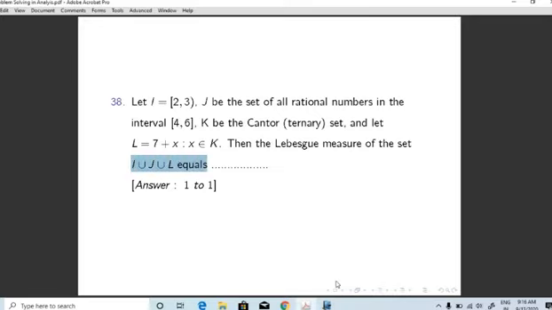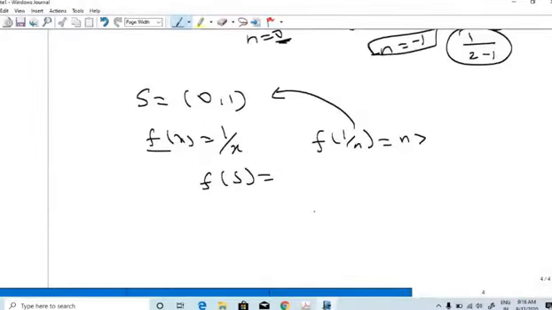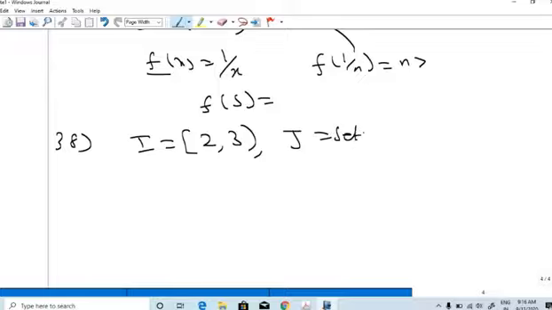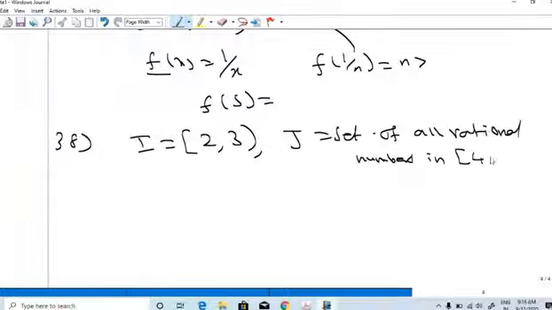Now we have three sets. I is nothing but the interval [2, 3), and J is the set of all rational numbers in the interval [4, 6], and K is the Cantor set.